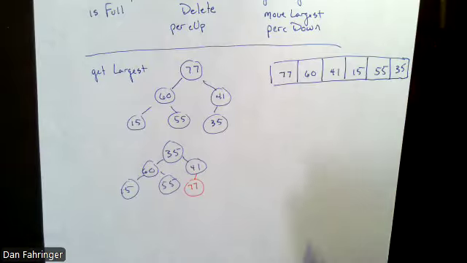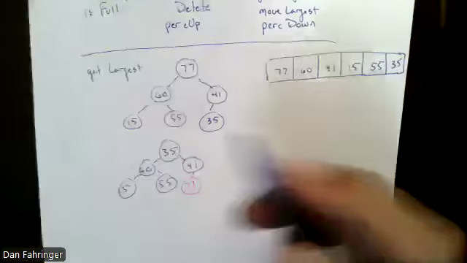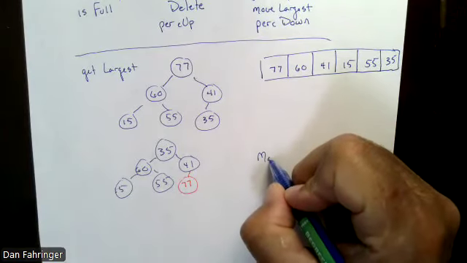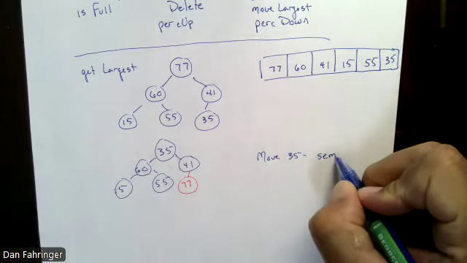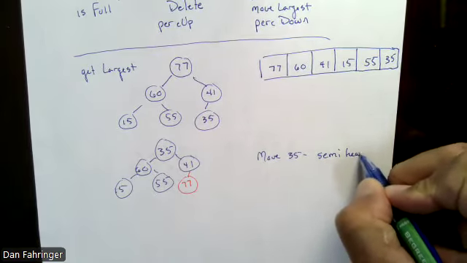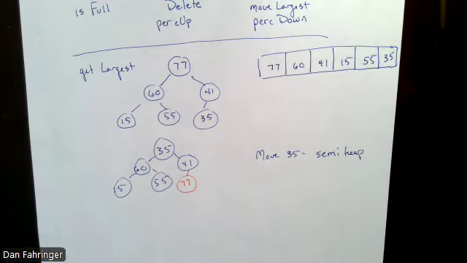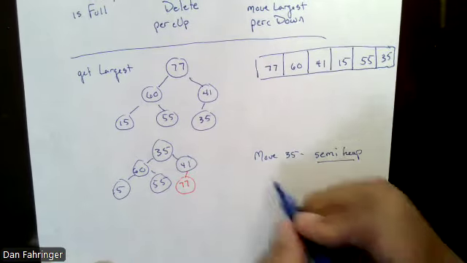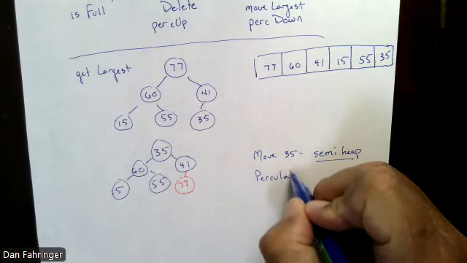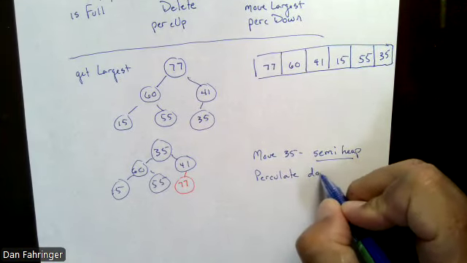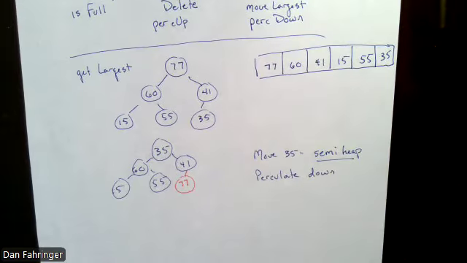No. Okay, so once I move that 35, I create something called a semi-heap, where it's really close. It's just off a little bit. And what do I need to do? Well, however this works, I need to percolate down so that it becomes another heap.